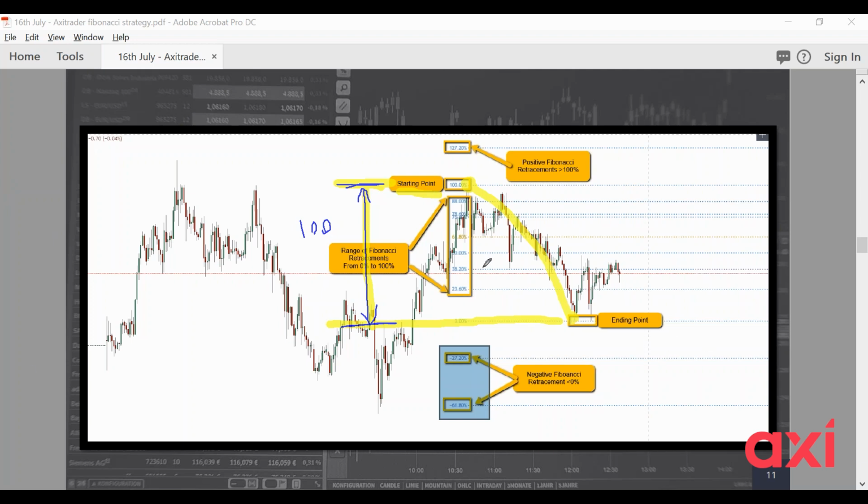It means that from the ending point, price will have climbed up 50%. That means price will have moved up 50 pips. Fibonacci retracement is basically like dividing. What is 23.6? This is 23.6 pips, assuming your starting to your ending point is 100 pips. 50% is your midway point. 61.8 is, price has moved 61.8% of it.